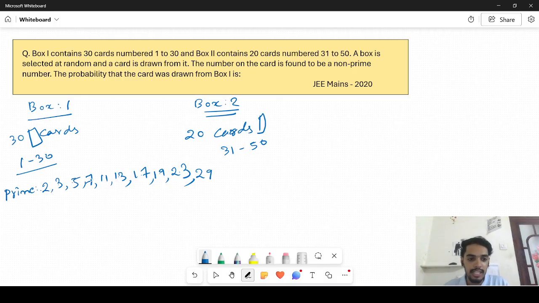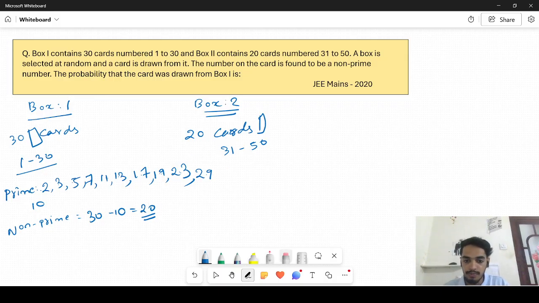So there are 10 prime numbers between 1 to 30. So non-prime numbers will be 30 minus 10, that is 20 non-prime numbers.